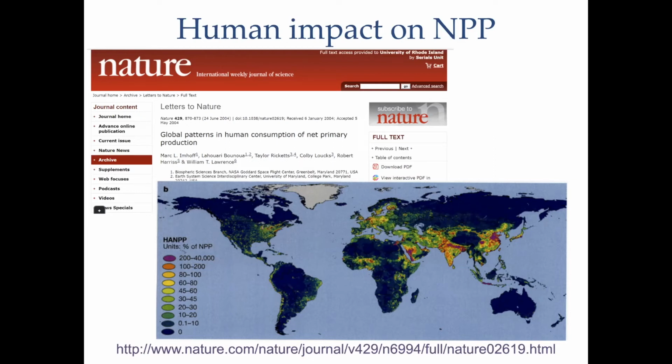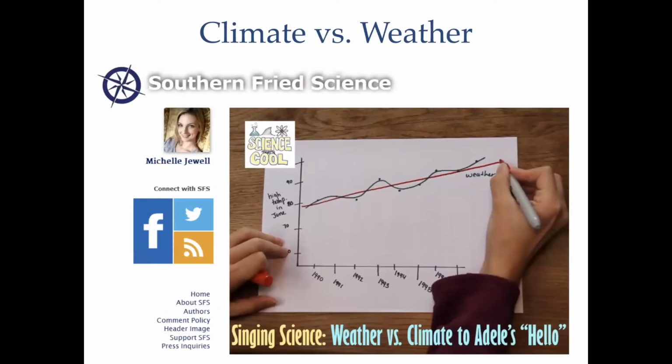Obviously, we have to consider that in places like the Amazon and the deserts, we are not using it because there are fewer humans living in those places. And so the impact of humans on that primary productivity is one of the things that we take into account when we are talking about climate change.